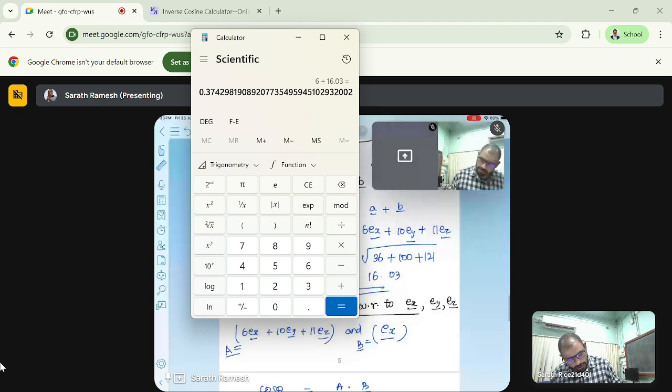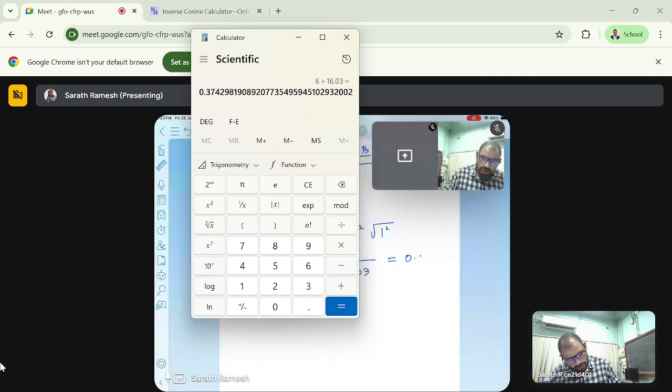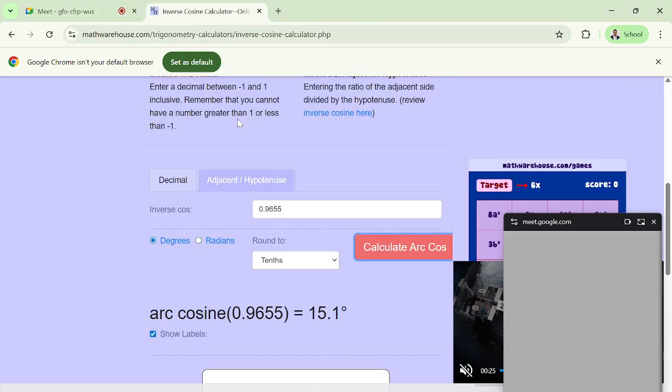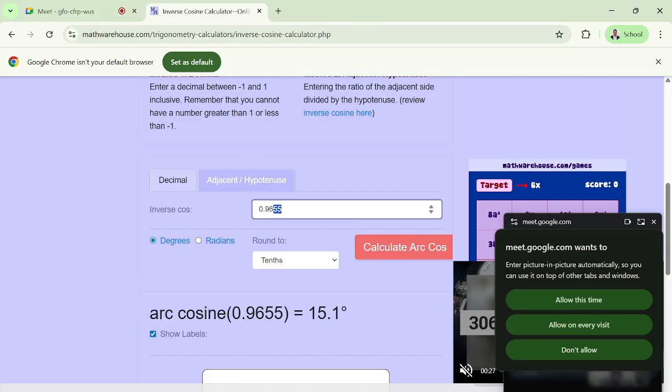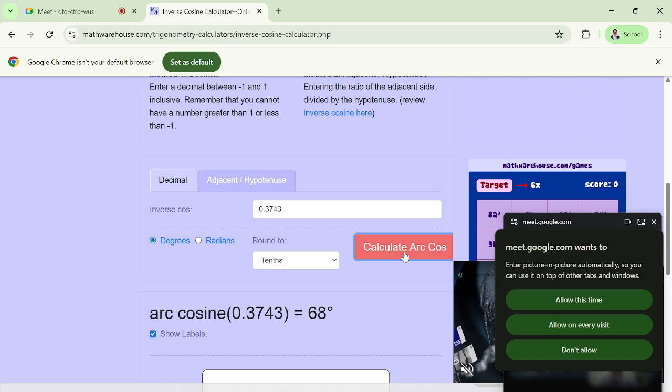Now theta will be equal to cos inverse of 0.3743. What would it be? Again, inverse on the calculator, 0.3743, 68 degrees. Okay, 68 degrees.